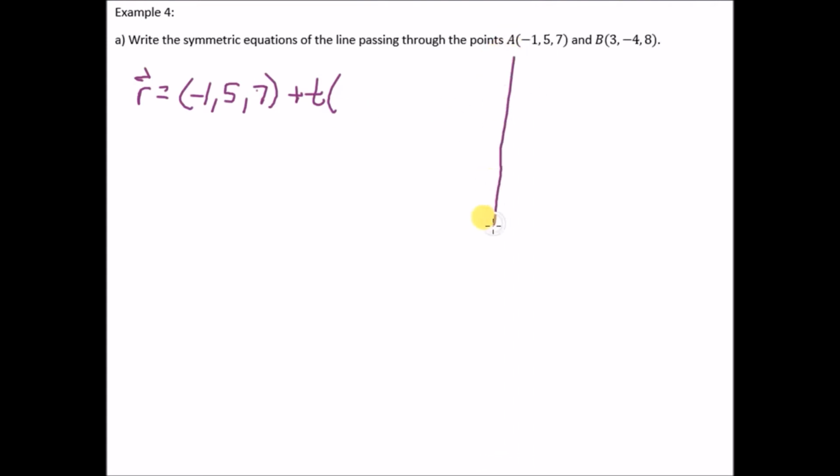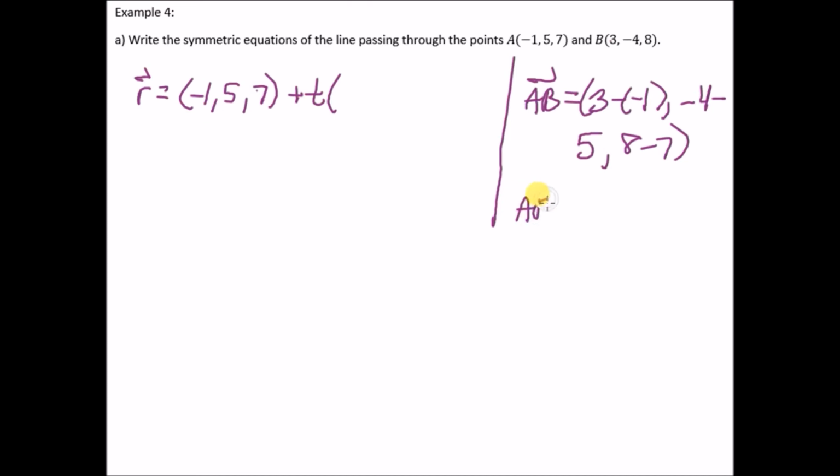So let's say, just on the side of the paper, direction vector AB: negative 3 minus negative 1, comma, negative 4 minus 5, comma, 8 minus 7. Okay, so our direction vector is going to be 4, comma, negative 1, comma, 1.